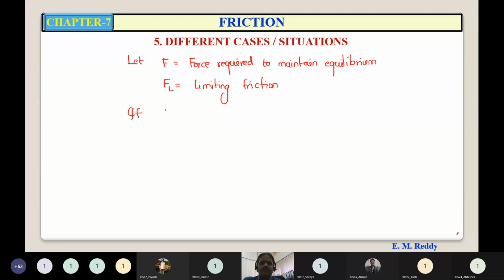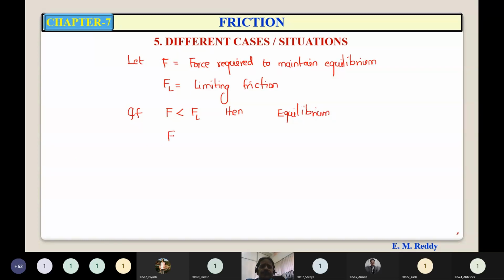If F is less than Fl, then what is your conclusion? Yes, the body is at rest. That means the body is in equilibrium. The condition of the body is equilibrium.